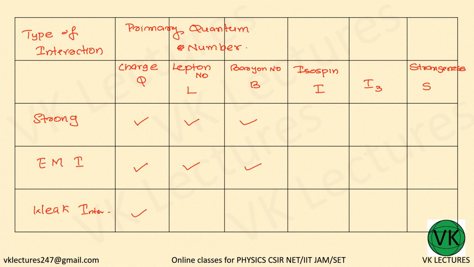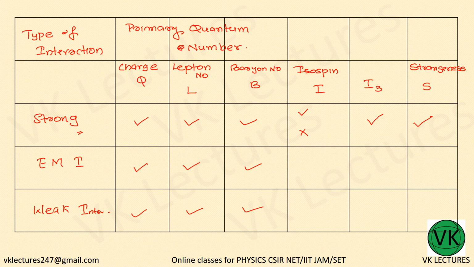And in the case of isospin, for strong interaction, it can either be conserved or not. Both are possible, but the third component of isospin has to be conserved, and the strangeness also has to be conserved.